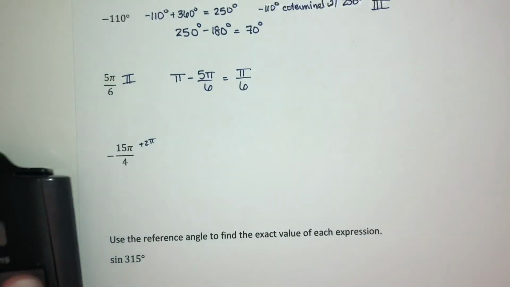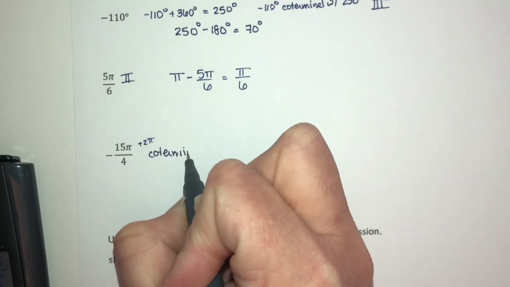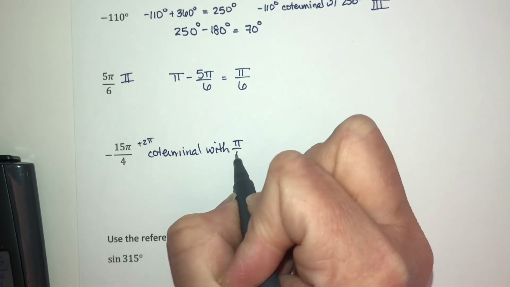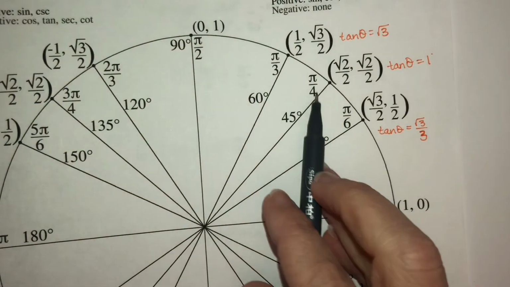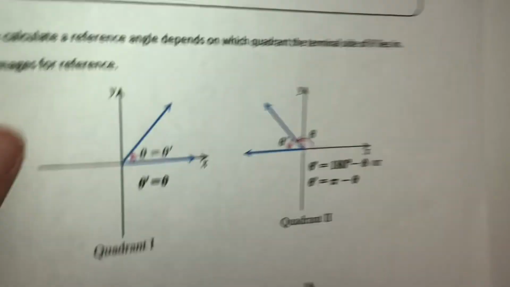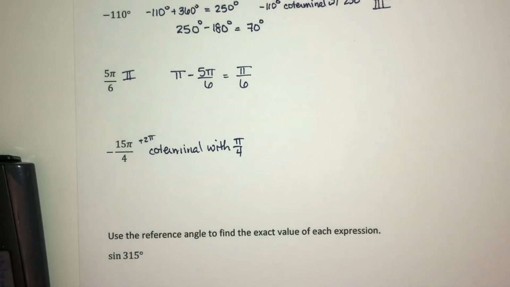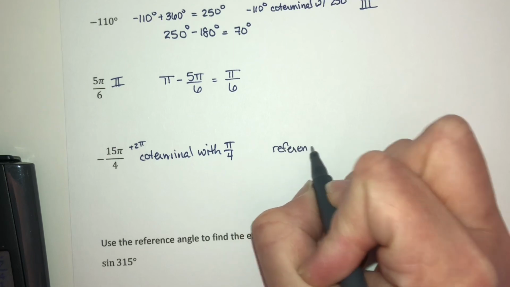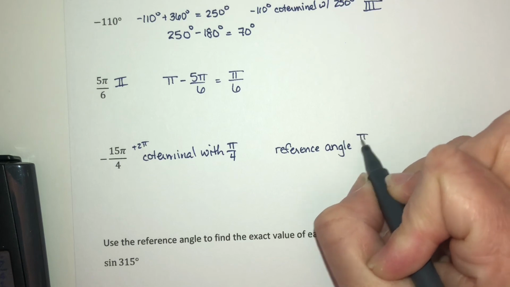So this is coterminal with pi over 4. Okay? Now, pi over 4 is in quadrant 1. In quadrant 1, our reference angle is our angle. So our reference angle is pi over 4.